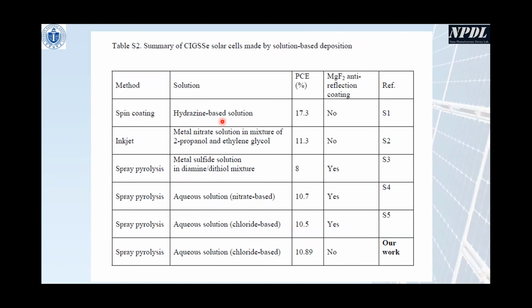We know hydrazine is toxic, so usually we want to avoid these types of toxic solutions. And also there is a metal nitrate solution in a mixture of 2-propanol and ethylene glycol. Ethylene glycol is somewhat toxic, but among the other pyrolysis methods with non-toxic solution bases, our result shows the highest among the solution-based pyrolysis methods.